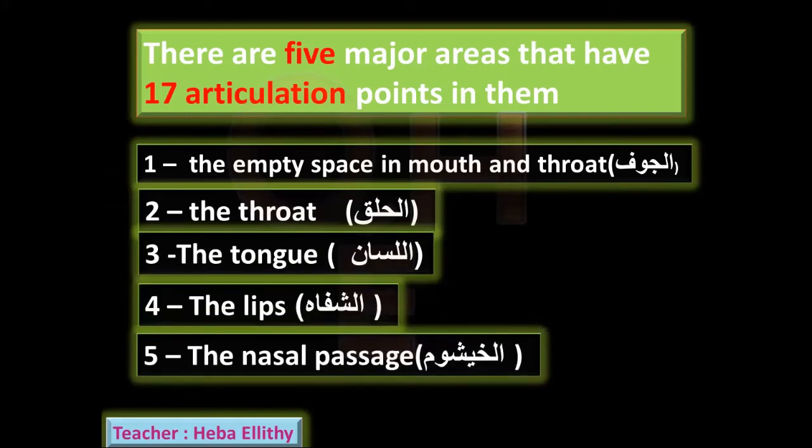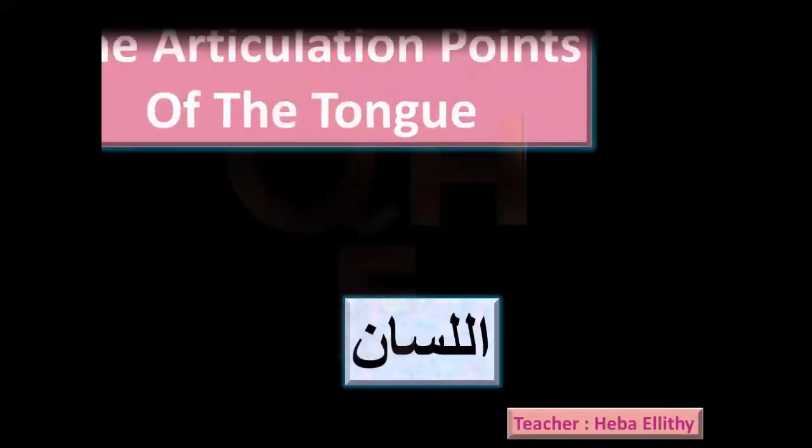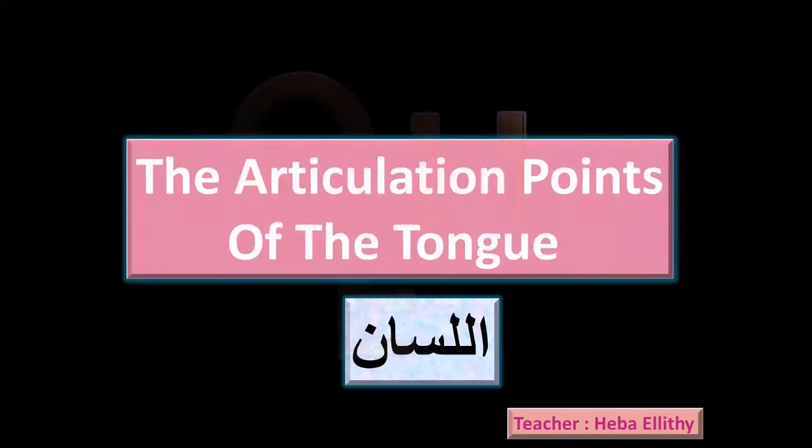Our lesson for tomorrow will be about the tongue, and we have finished these 2 already. So our lesson tomorrow will be about al-lisan, the articulation points of the tongue. For the tongue, we have 10 articulation points for 18 letters that come out from the tongue.